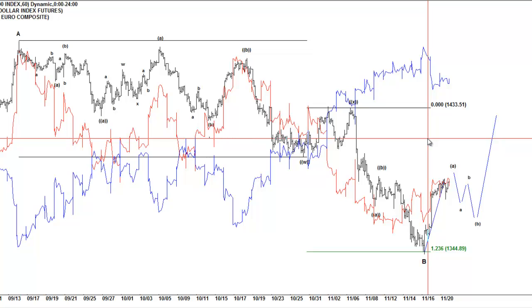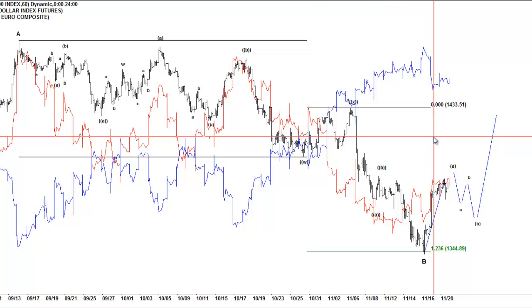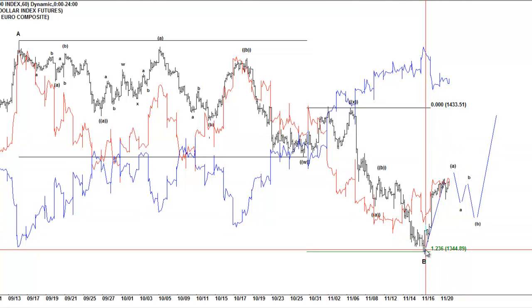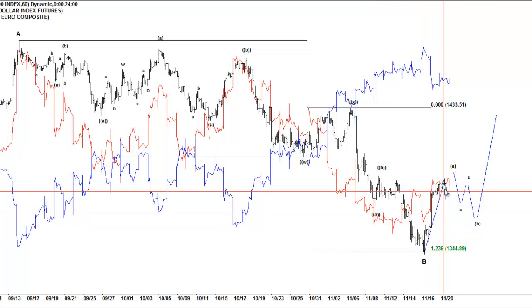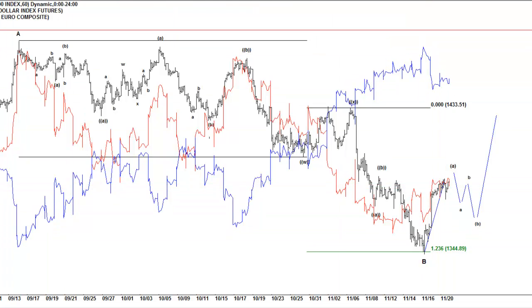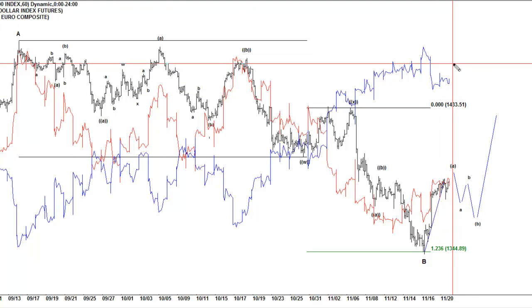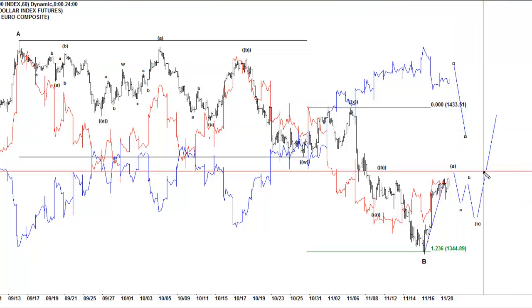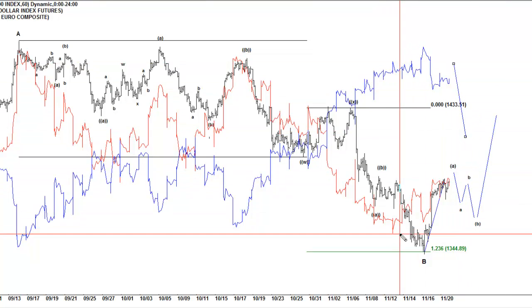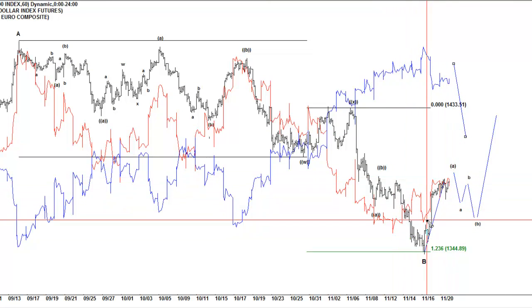Who knows? All I know is that seeing the 5 waves out in this swing in the S&P makes me confident to say that the dollar should stay here, and that maybe the euro is doing some sort of 1-2-1-2 or ABC.